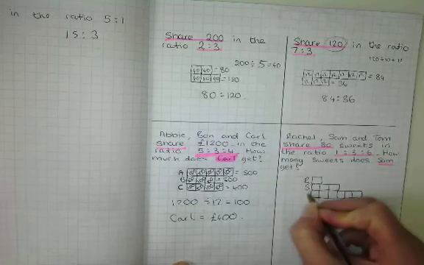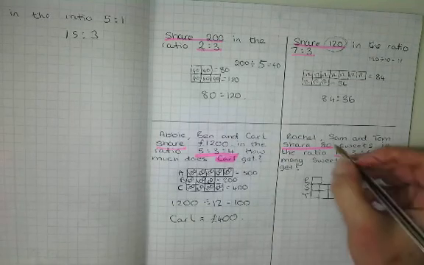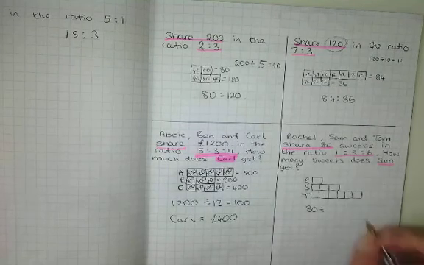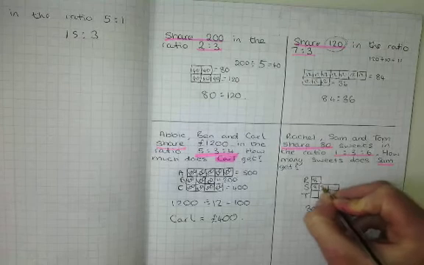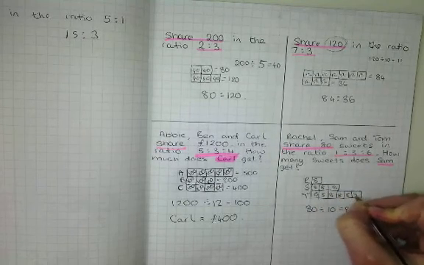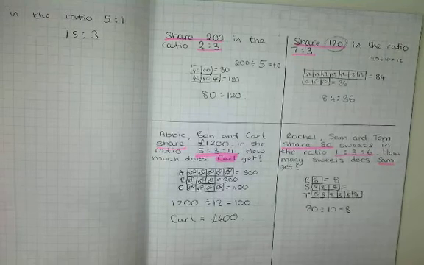And I label them. So the first person is Rachel, the second person is Sam, and the third person is Tom. I think I'd like to be Tom in this scenario. So 80 divided by how many boxes there are, which is 10. So 8 goes in each box. Add each row together.